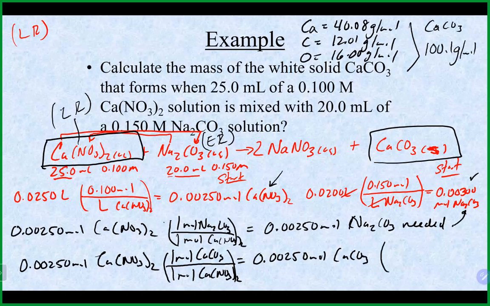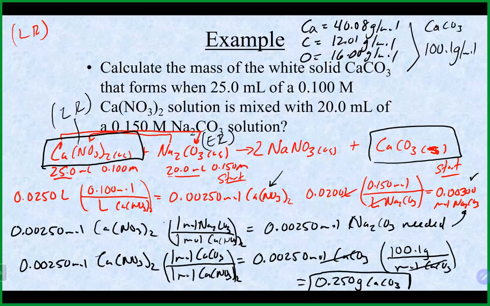We're going to use that here to get to the grams, which would be 100.1 grams per mole of calcium carbonate. Moles cancel. Gets us about 0.25 grams of calcium carbonate would be formed, which would be the theoretical yield in this case.